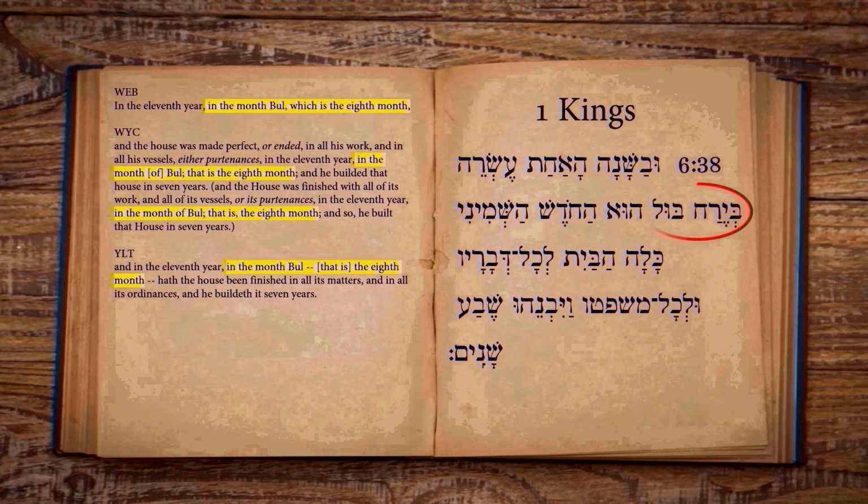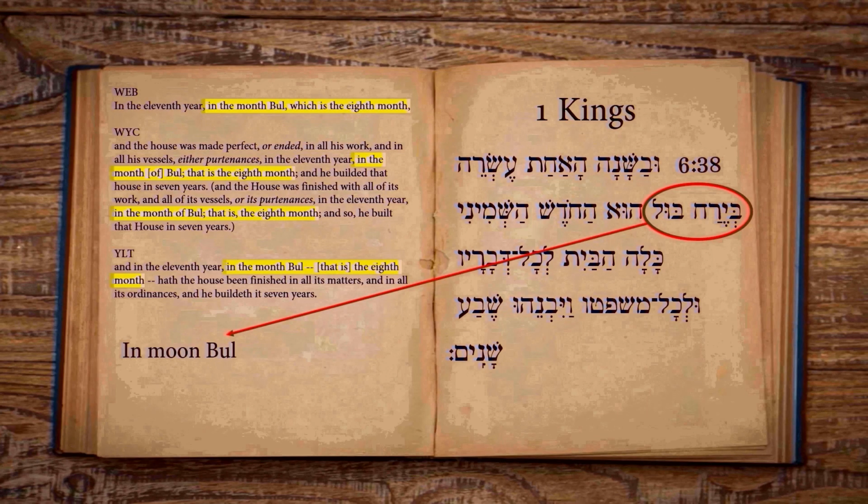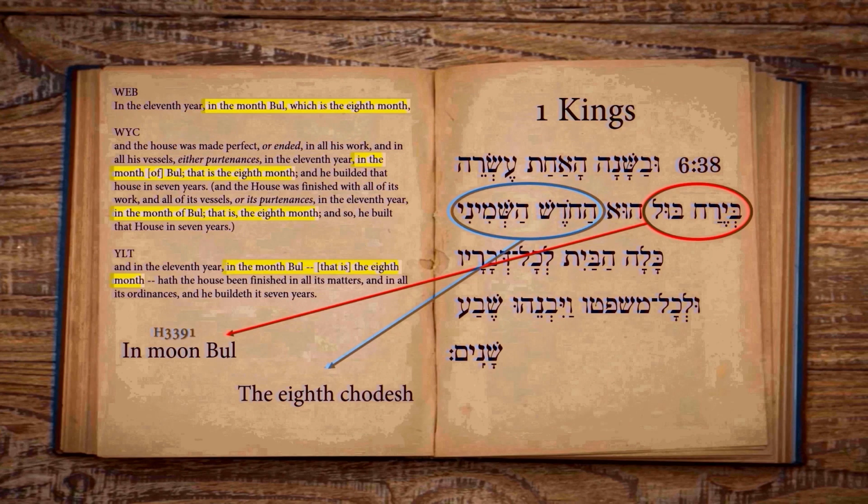Pull this together. Right here we have in Yarach, which means in moon bool, Strong's 3391. The second combination is HaKodesh, the 8th Kodesh, Strong's 2320.